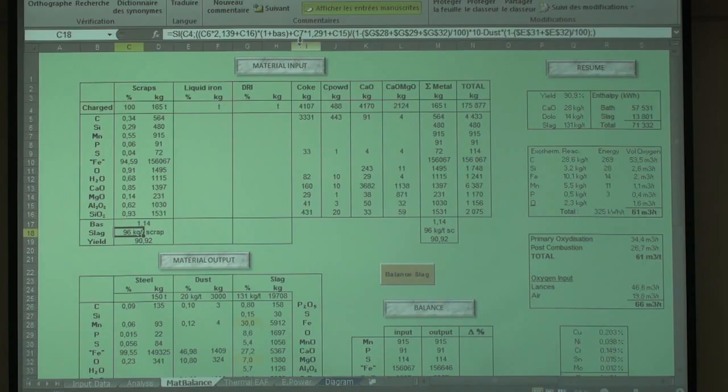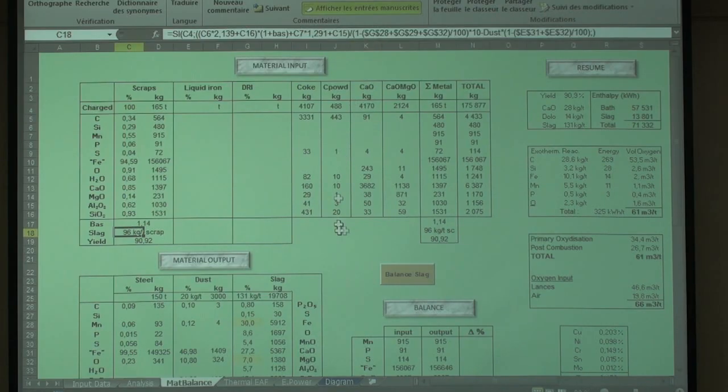Then C7 is the Mn I will oxidize in MnO. In this case, I don't consider the equilibrium. I just consider that all MnO will be burned, to simplify the calculation. And C15, which is Al2O3, divided by 1 minus the contents, because here I'm not able to calculate all the composition of the slag.